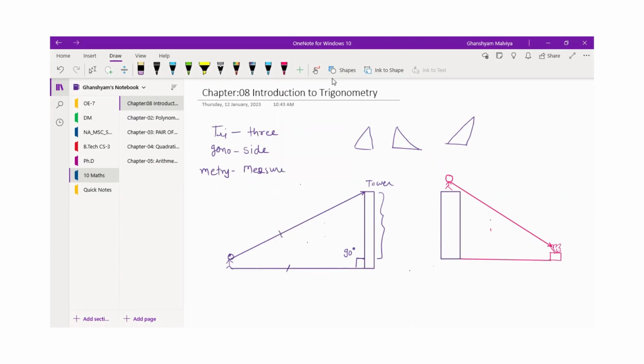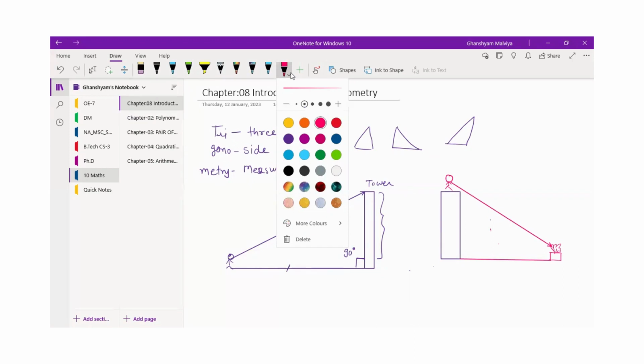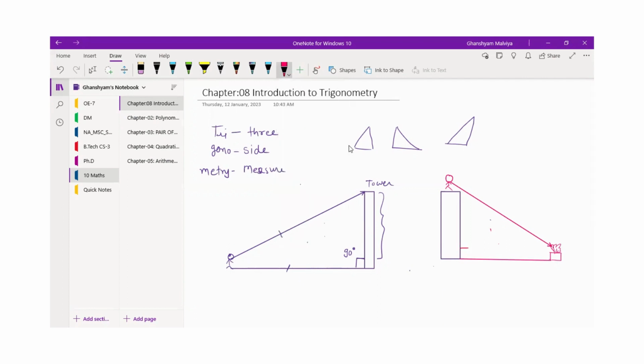Yes, sir. So the girl is observing the flower pot. Here the tower or building is vertical and it has a 90 degree angle, meaning vertical and horizontal.